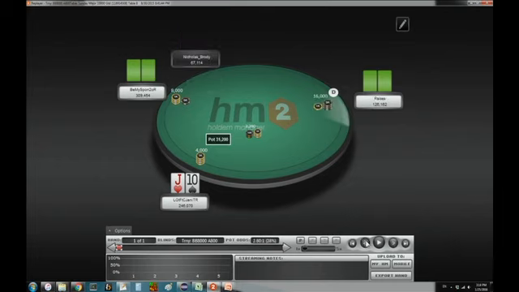So LPM box makes it 16,000, and I re-raised to 44,444. I don't have a great hand, but I think this hand is too good not to make a bluff with, so I do that. And then he goes all in.